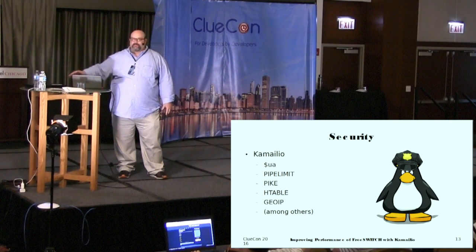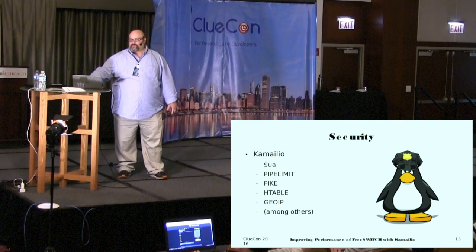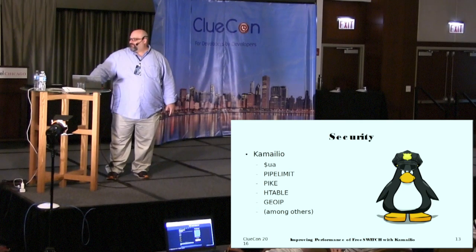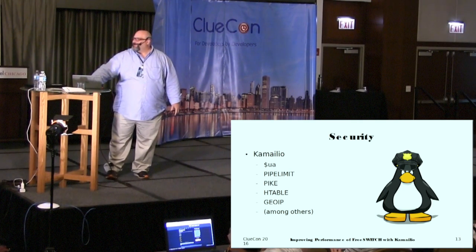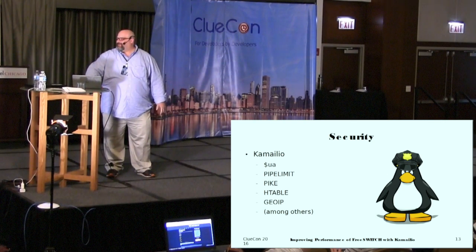We have built-in geo-IP, so you can just say, all right, I'm not letting China IPs in whatsoever. Or South America sometimes, which my wife is Colombian, so it's very appropriate sometimes for me to block all of South America. But there's a lot of different things that we can work with to increase your security.